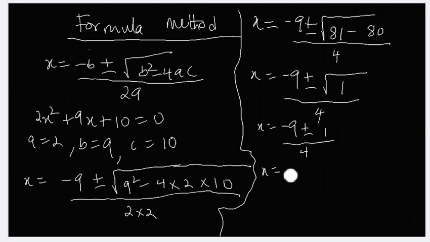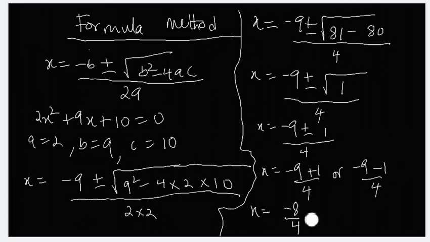So this is the same as minus 9 plus 1 over 4, or minus 9 minus 1 over 4. So this gives us minus 9 plus 1 is minus 8 divided by 4, or minus 9 minus 1 is minus 10 divided by 4.